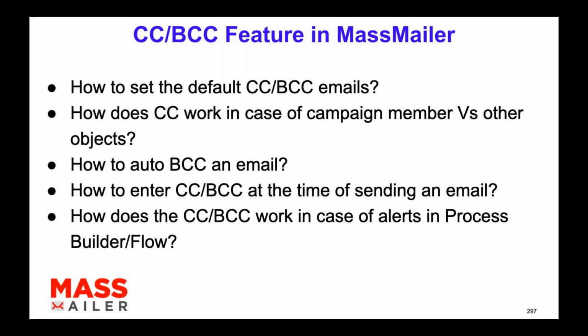Again, if you're familiar with the process builder integration with MassMailer, you can send email alerts and drip campaigns using the process builder or flow, in which you can mention the recipient email address. At the same time, there's an option to do CC or BCC.